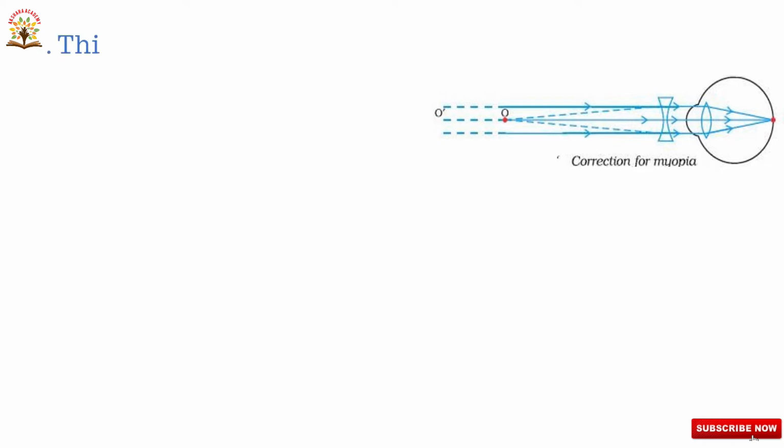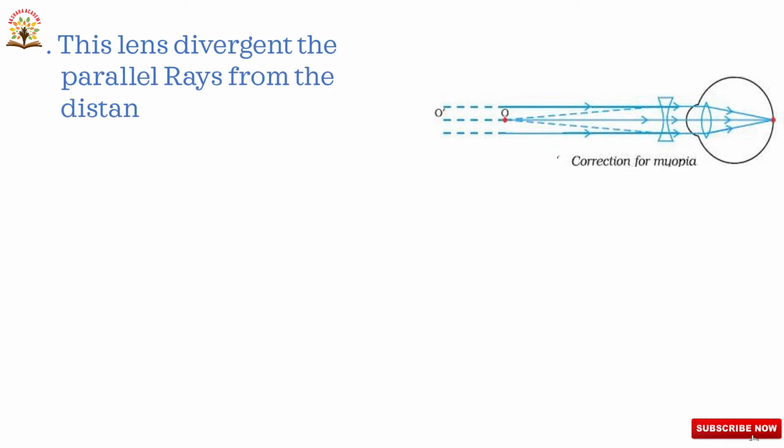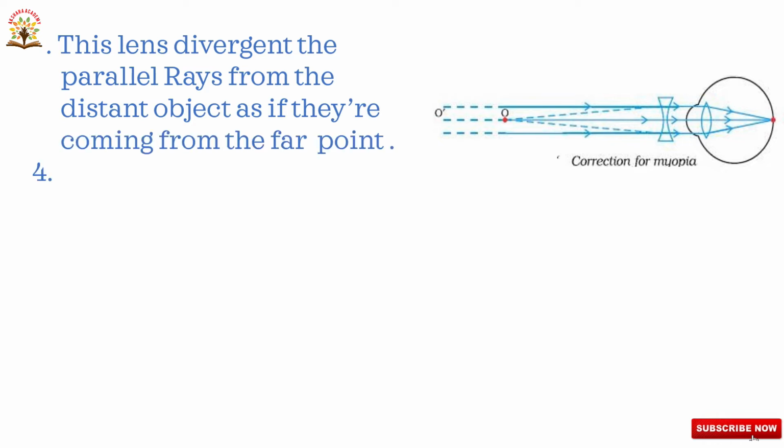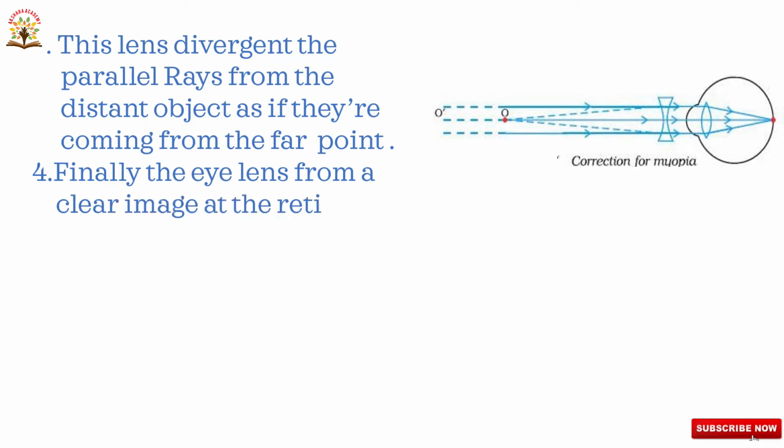In this case, this lens is divergent. These are the parallel rays from the distant object, as if they are coming from the far point. Finally, the eye lens forms a clear image at the retina.